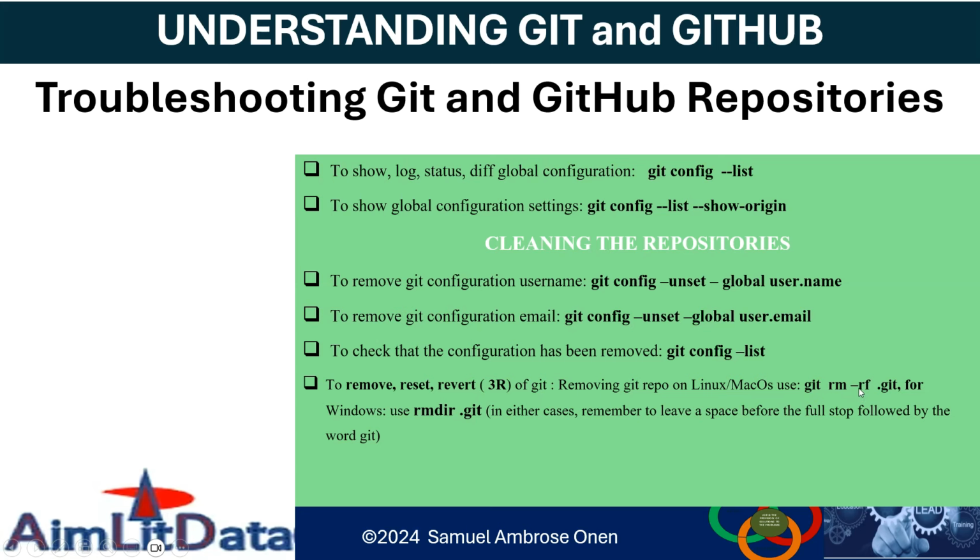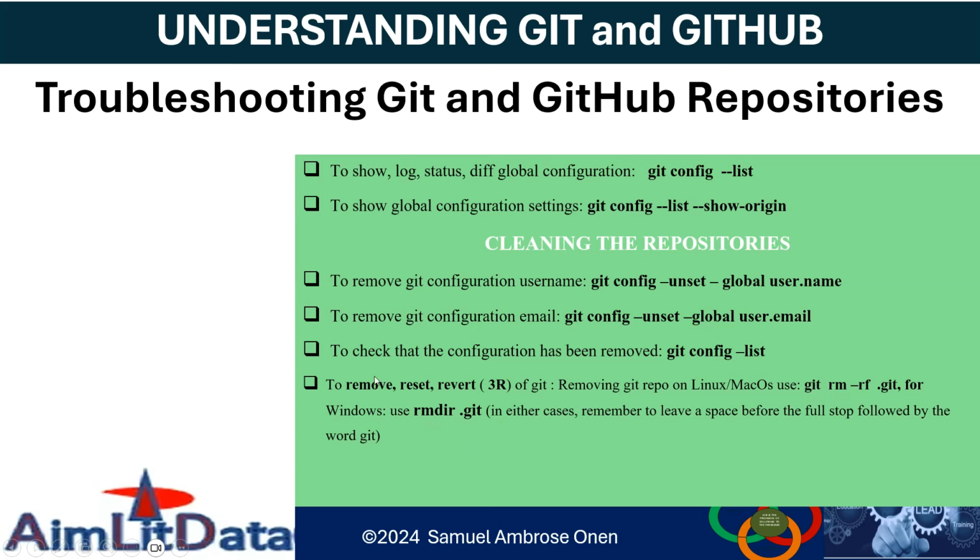This R stands for recursive removal, and the F is to force the removal. So if you try to remove something recursively and it's not going, then you try with F, then it must go. And remember, when you're removing the .git itself, you don't need to include git because you're coming out from the Git program. I think that's something I wanted to highlight here.